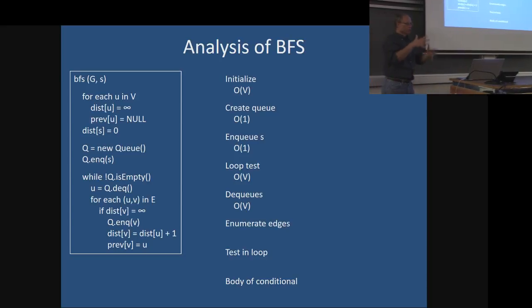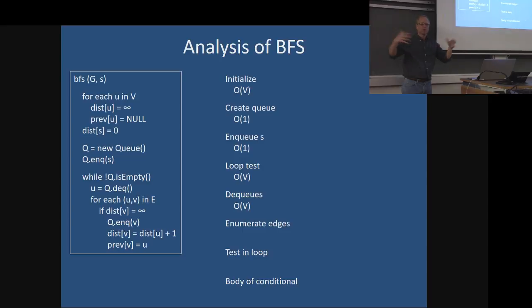Sometimes through the outer loop it'll be quick because there are not many edges. Another time it'll be longer because there are more edges. But what's the cost of enumerating all the edges? I'm hearing V, E, V plus E, V squared, V times E, but it depends on the representation.